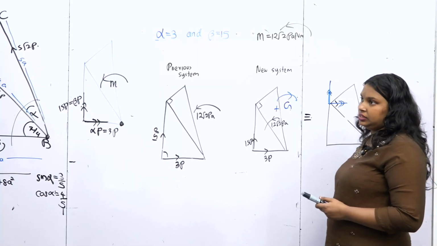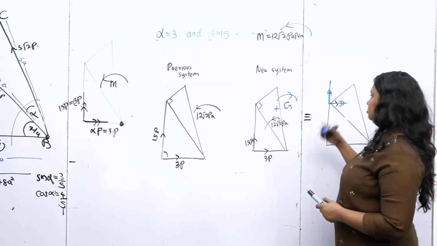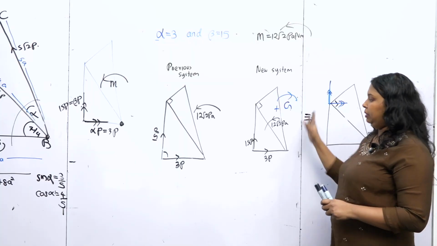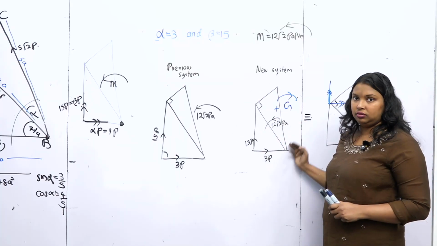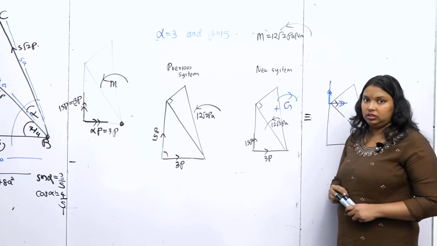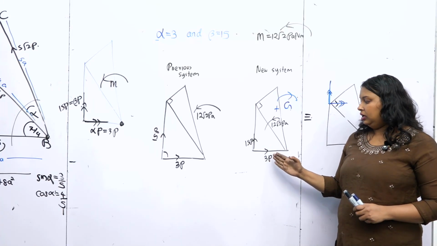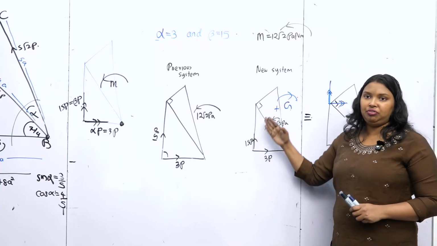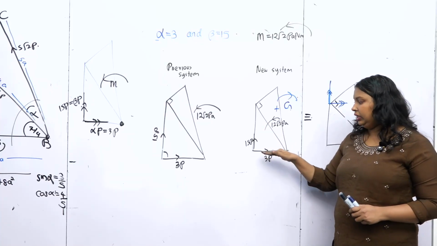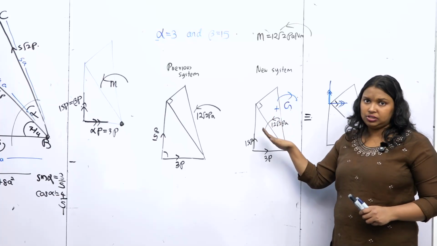The resultant of this will be passing through this. That will definitely be the resultant of 3p and 15p. That will be definitely 3p to this direction and 15p to this direction.